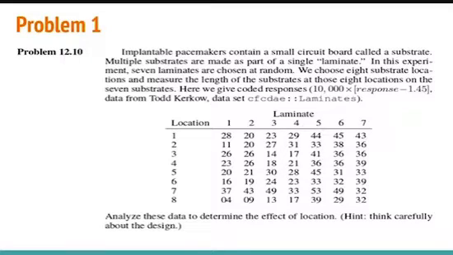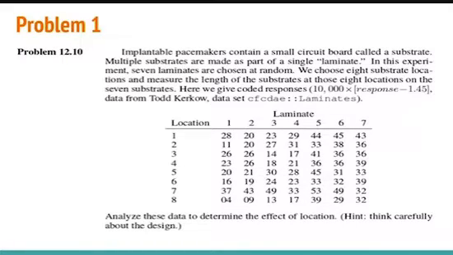Now, another thing I want you to take note of. When you look at location here, you can decide whether you're going to take that as a treatment, as a fixed effect or a random effect. What do I mean by fixed effect? What do I mean by random effect? The difference is that for the random effect, levels are chosen at random from the population.